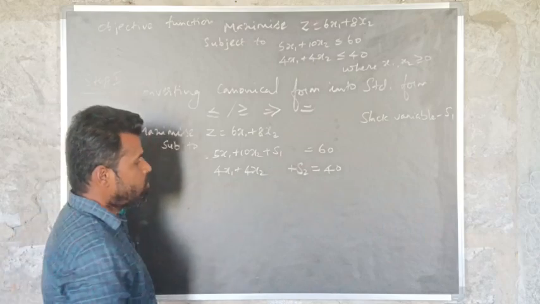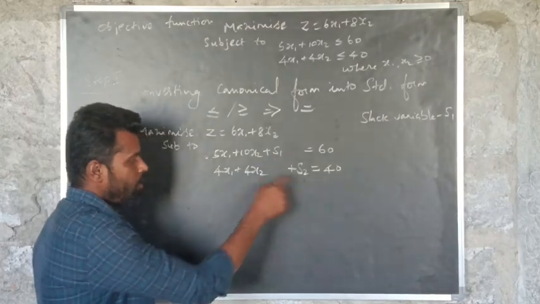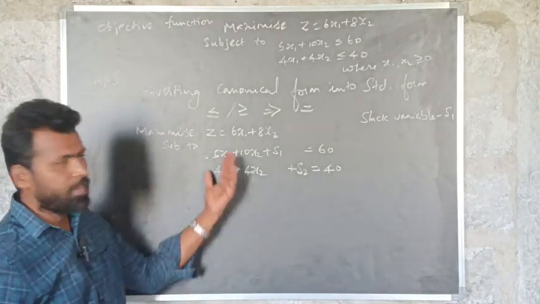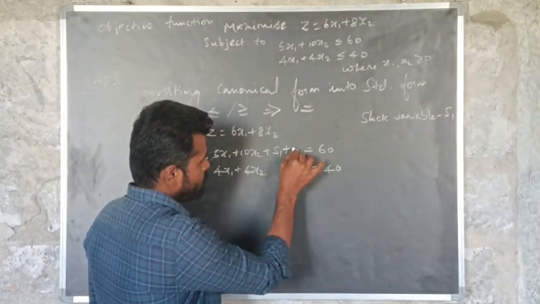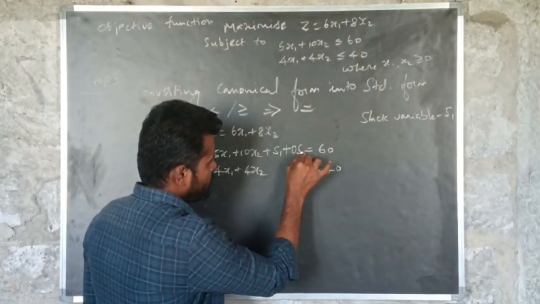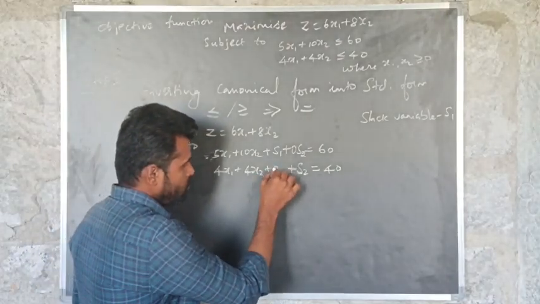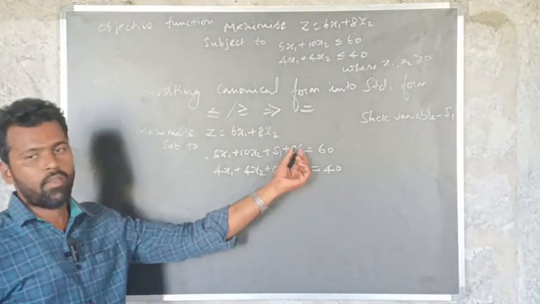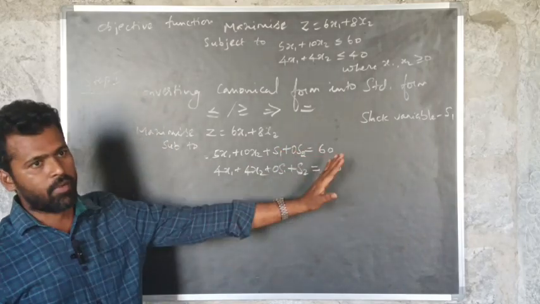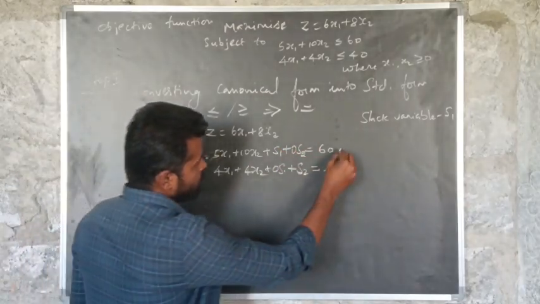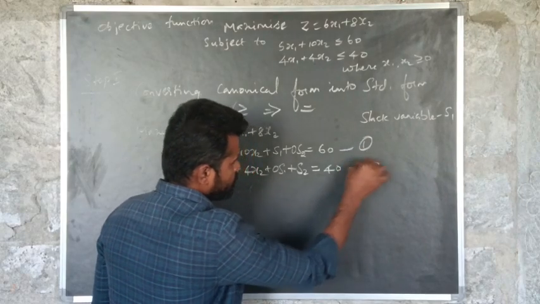Since we have two slack variables, for every equation we show both. Where we didn't add anything, we keep a zero coefficient in the equation, like 0 s1 here. It doesn't change any values in the equations; for naming conventions we are keeping it. This is equation 1, this is equation 2.